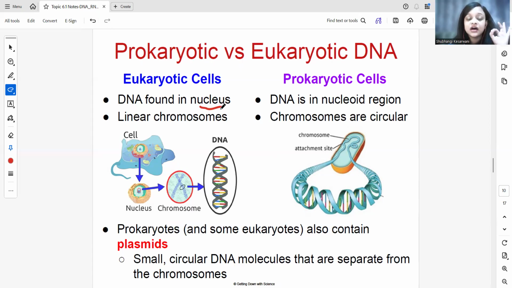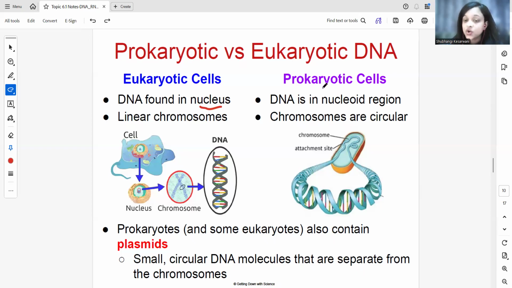We are eukaryotic cells, right? And pro means they are primitive cells. We are not primitive, but if you take the example of prokaryotic cells, which is bacteria, they are very primitive. They are not as advanced as us, right?